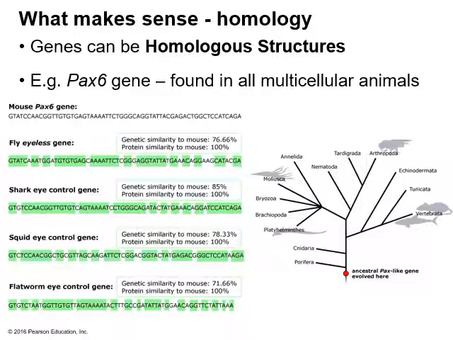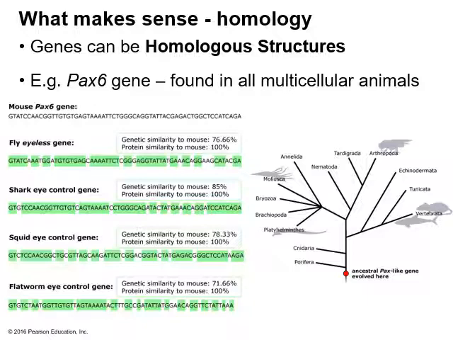A long, long time ago, probably like 600 or 700 million years ago, the ancestor of animals had PAX6, and it passed PAX6 on to all of the animals that came after it. Even something as simple as a jellyfish or a sponge actually has some similarities to you. It has the PAX6 gene just like you do.